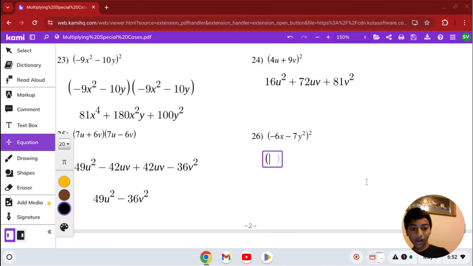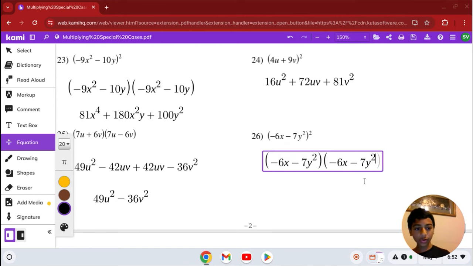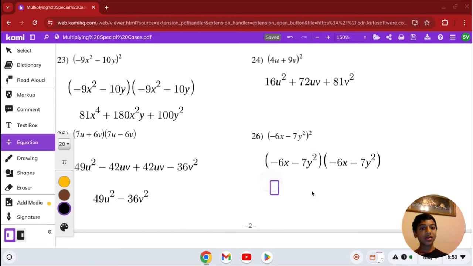And finally, the last problem on this entire worksheet, number 26. I would like to write this all out: (negative 6x minus 7y squared) times (negative 6x minus 7y squared). So negative 6x times negative 6x is 36x squared.